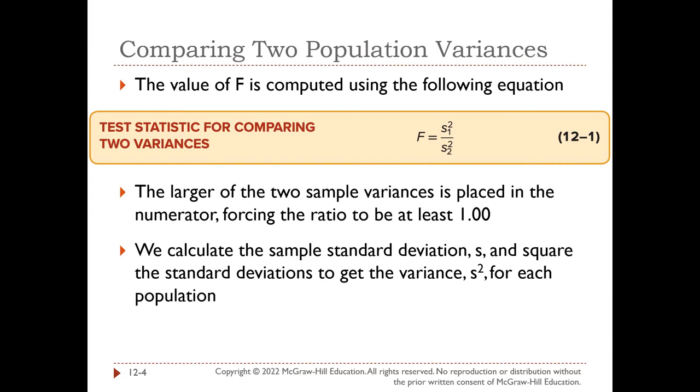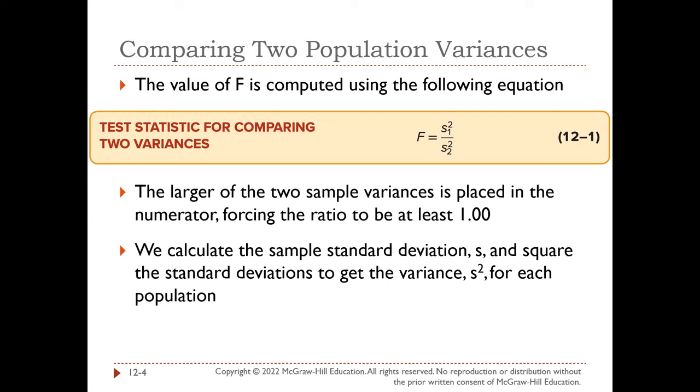All right. So when we compare two population variances, the value of F is computed using the following equation. Again, we have the sample variances, and both of them are squared, but the larger of the two sample variances is placed in the numerator, which of course is the top.